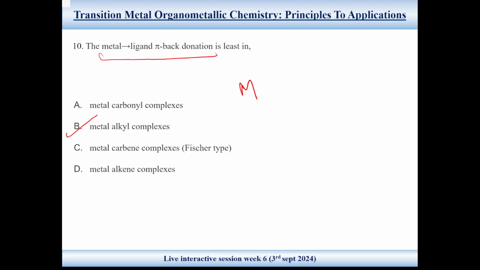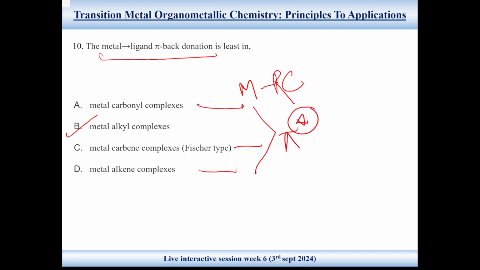Say it's a metal alkene complex. When the alkene forms a sigma bond with the metal atom, the metal can back donate. For the carbonyl, the carbene and the alkene, we have a vacant pi star orbital which can accept the back donated electron.